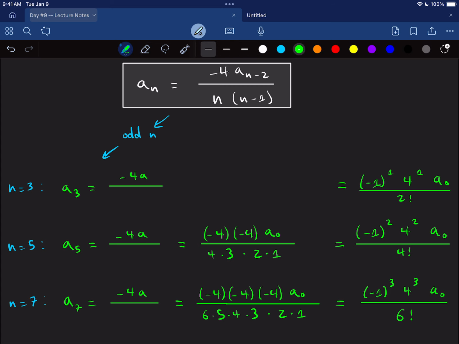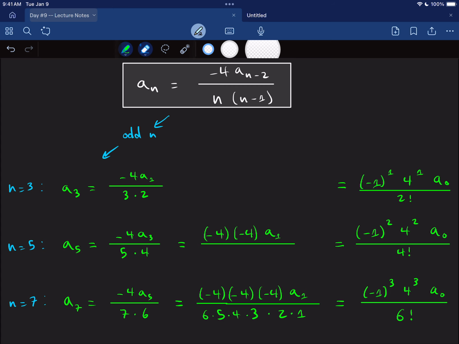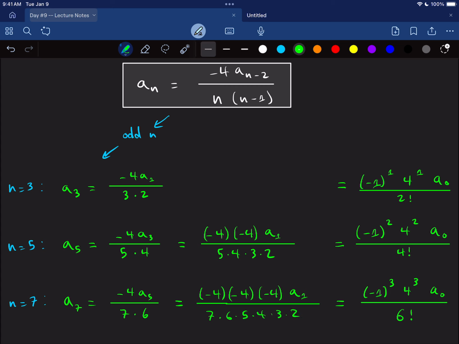We're going to see a very, very similar pattern. We have all that. Again, this is a1, a1, and now I look, I have 5 times 4 times 3 times 2, and I have 7 times 6 times 5 times 4 times 3 times 2.